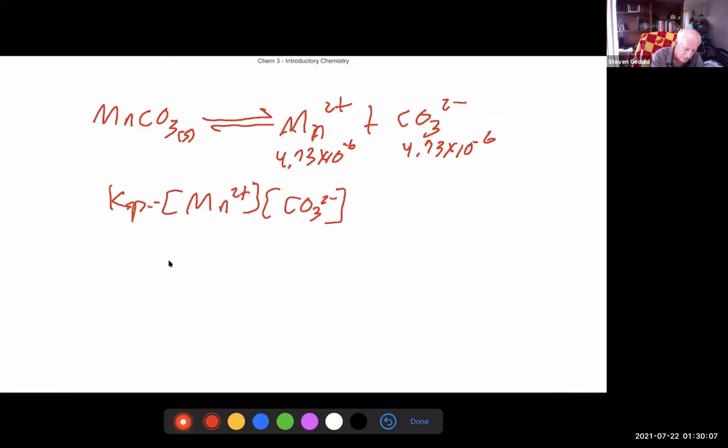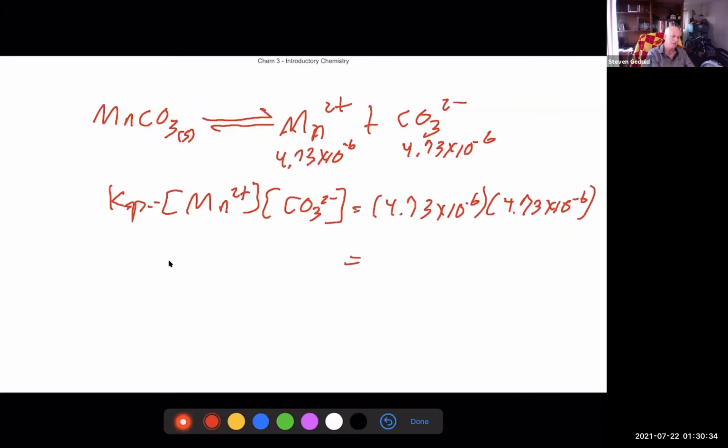And that one's going to be, nope, no squares, everything's all the same, just like that. And then the reactant is a solid, so that's not included in your equilibrium expression. So that's equal to 4.73 times 10 to the minus 6 times 4.73 times 10 to the negative 6.